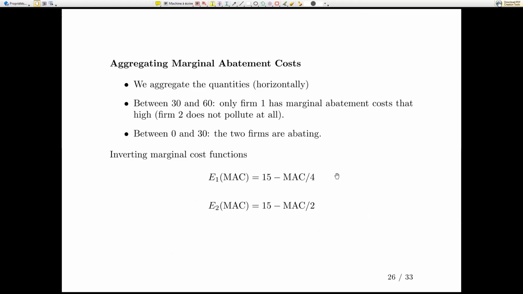Now, an interpretation of this. Firm 1 has higher abatement cost.